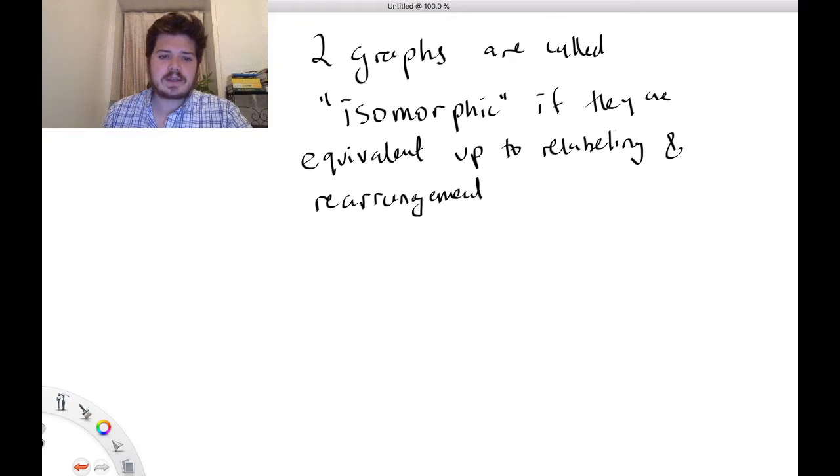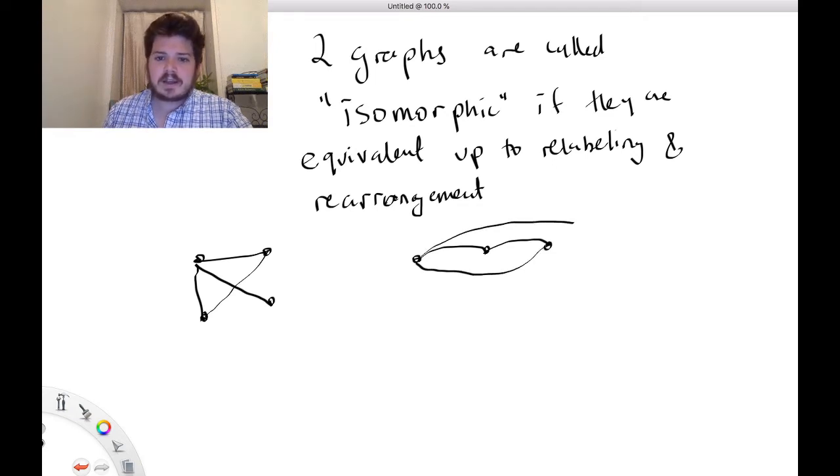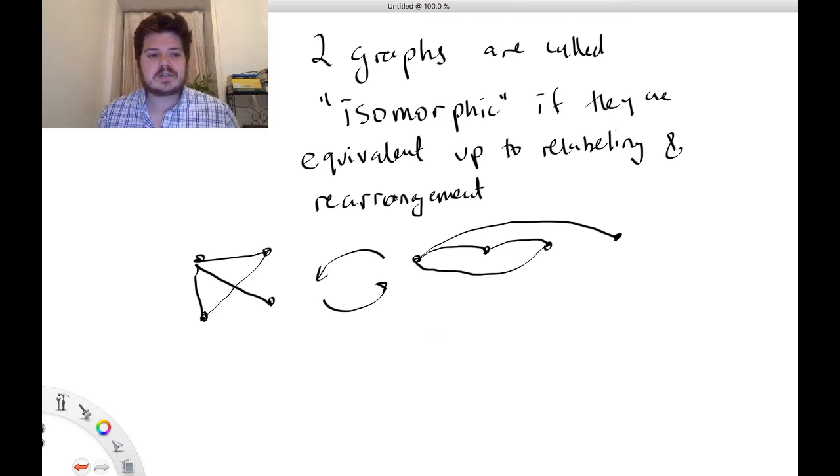So what does that mean? Let's take our two graphs. They are different graphs because they look different. But if I rearrange them without really changing the structure of the graph, then they'll look the same.